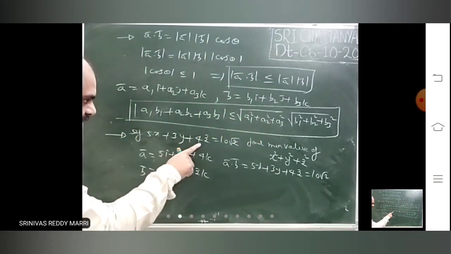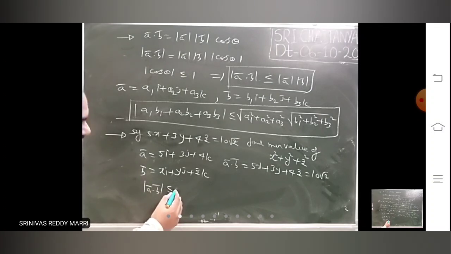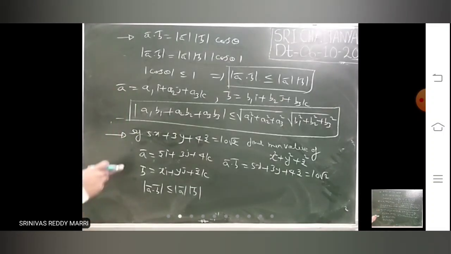Now apply this inequality. What is the formula? Modulus of A dot B is less than or equal to modulus A bar into modulus B bar. A bar is this, B bar is this.